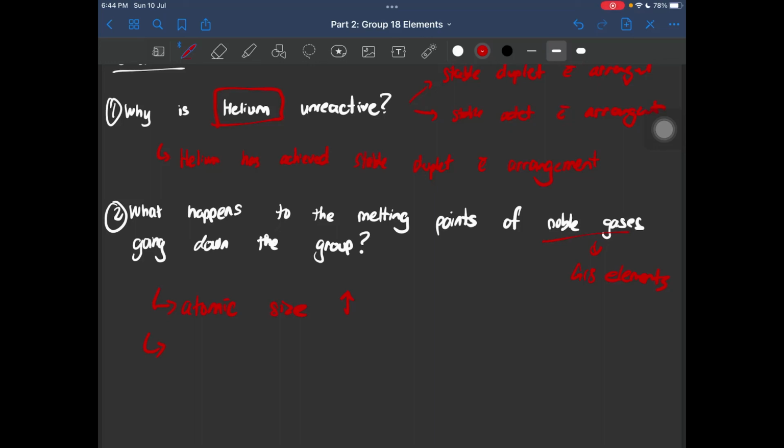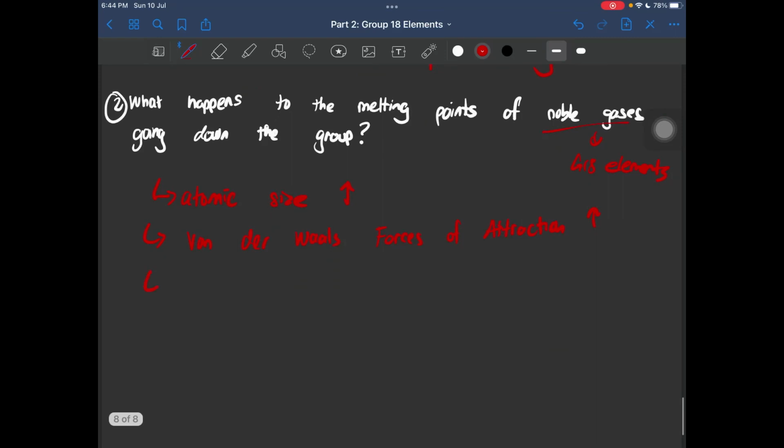So therefore, when the atomic size increases, the van der Waals forces of attraction will increase, and when the van der Waals forces of attraction increase, more heat will be required to overcome the forces of attraction. Thus, the melting point of the noble gases will increase.